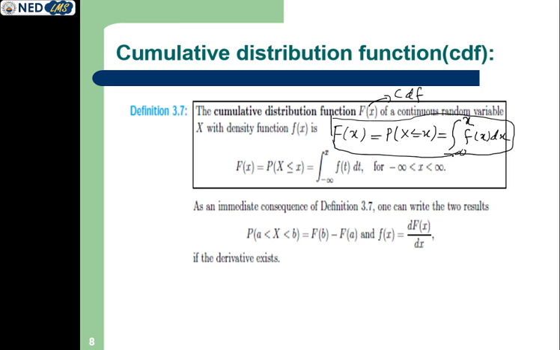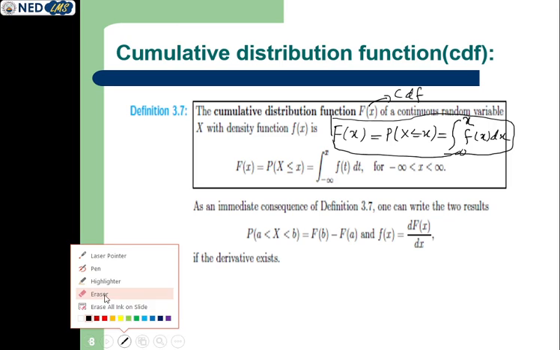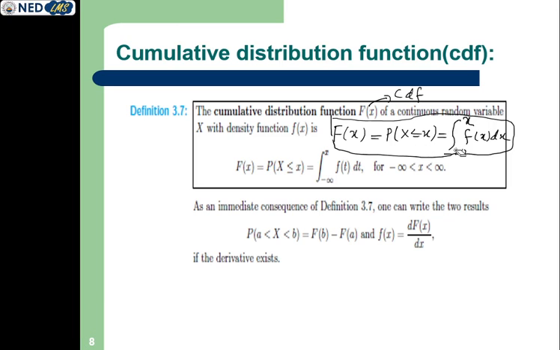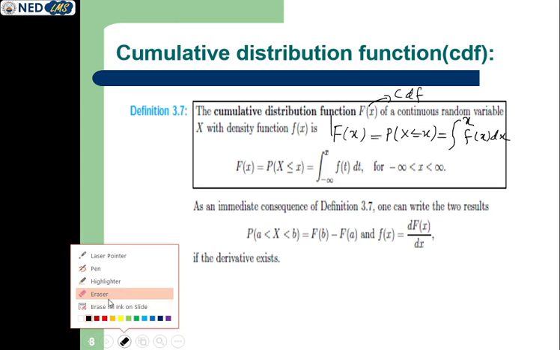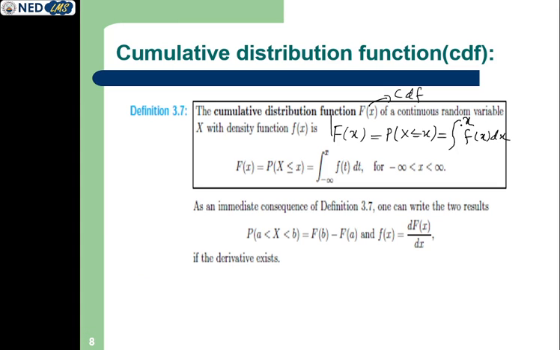So copy this formula. This is the cumulative distribution function: the integral from minus infinity to x applied on the PDF.